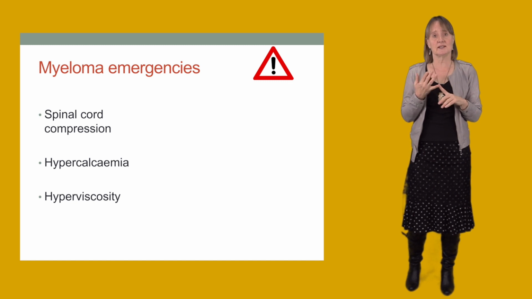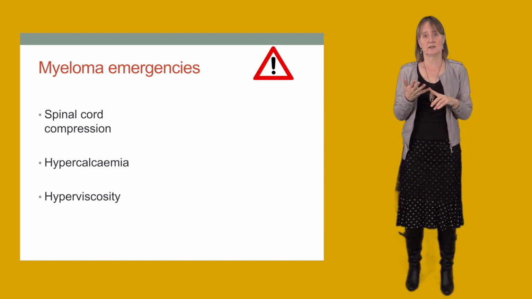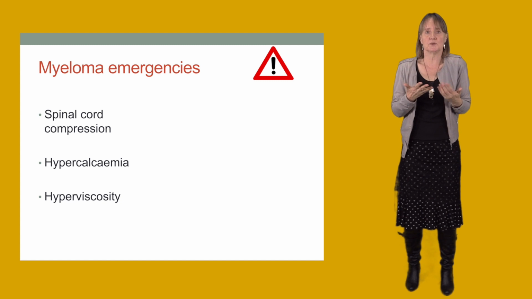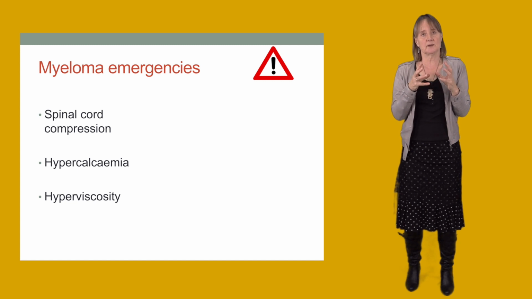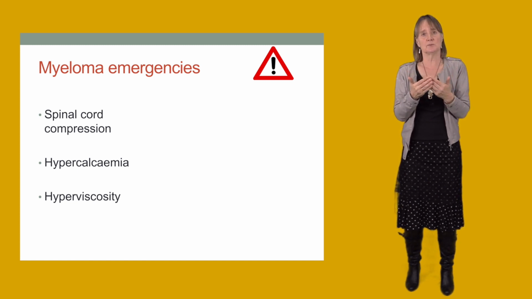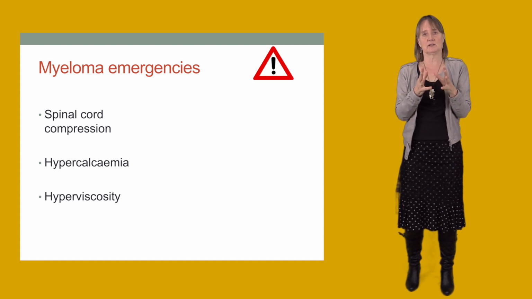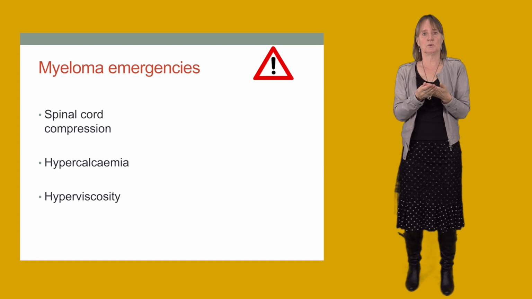So the first of these is spinal cord compression. So obviously myeloma is not the only cause of spinal cord compression, but it is one. And it's due to either a plasmacytoma, a soft tissue plasmacytoma compressing the spinal cord, or it might be due to vertebral collapse where there's been a lytic lesion and the bone has become so thin that it just squashes and then impinges on the spinal cord.